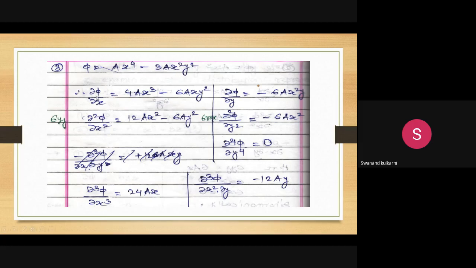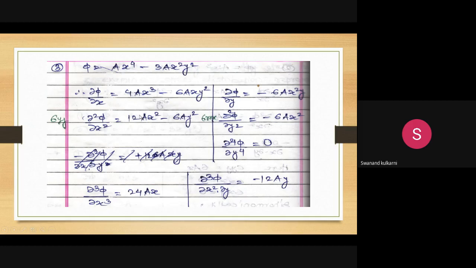Now let us differentiate dou phi by dou x once again with respect to x, to get dou 2 phi by dou x2. So 4 into 3 becomes 12, giving 12ax square, because x cube becomes x square after differentiation.